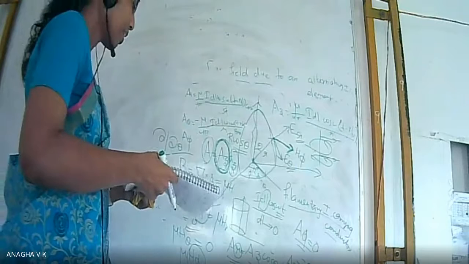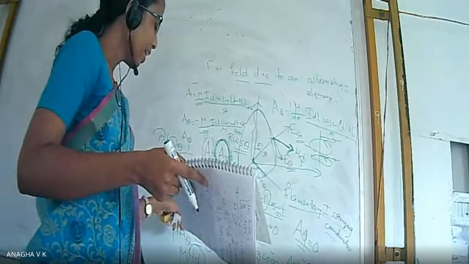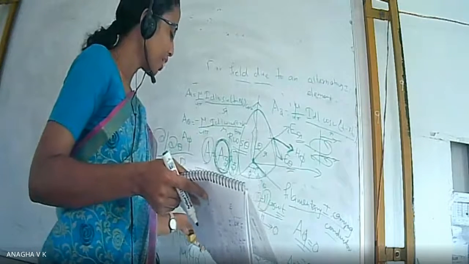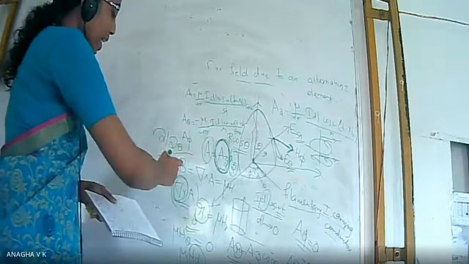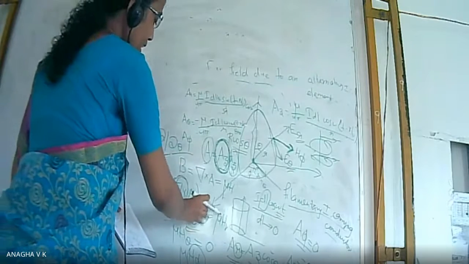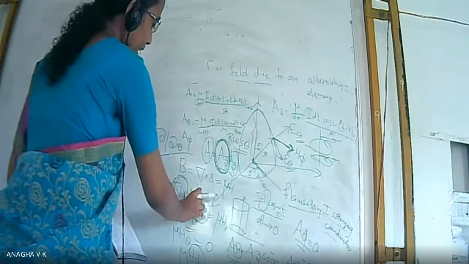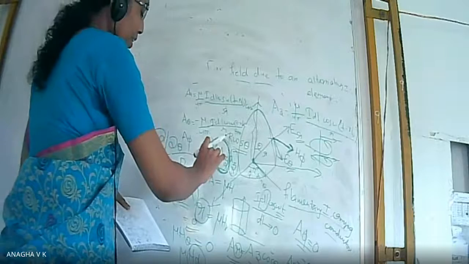So del cross A in the r direction is equal to mu into H_r, which is nothing but 0. You do the process by del, which is dou by dou theta into A_phi minus dou by dou phi into A_theta.